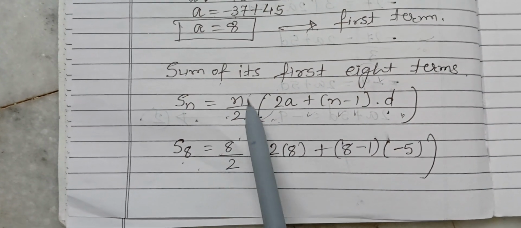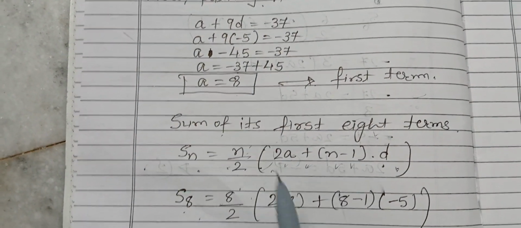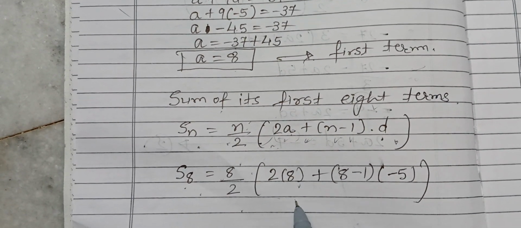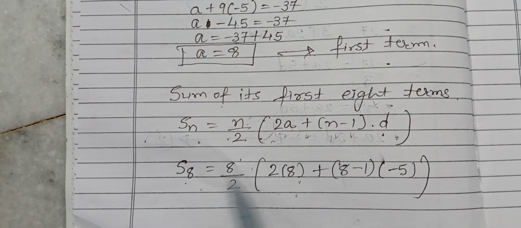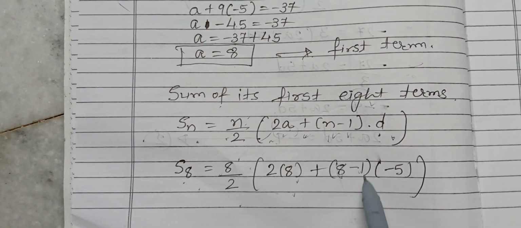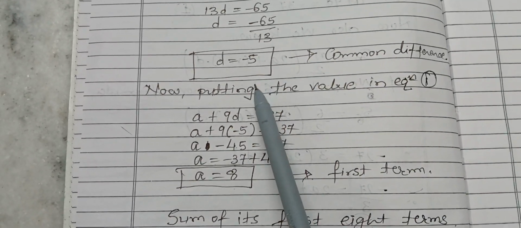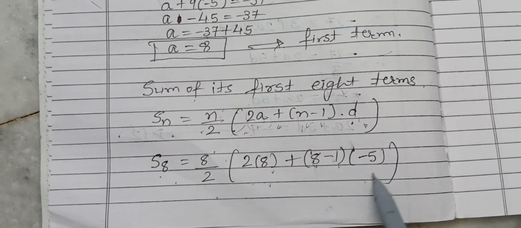S8 is equal to 8 by 2, 2 into a, which is known to us, that is 8. 2 into 8, we are putting the value of a equal to 8. n is 8, so 8 minus 1, and d, we know the common difference, is equal to minus 5. So we are keeping the value of d as minus 5.